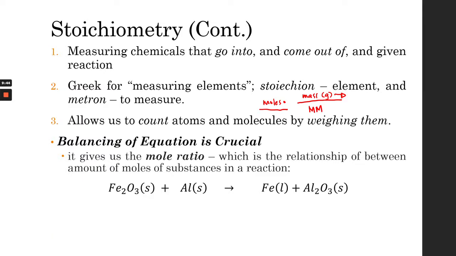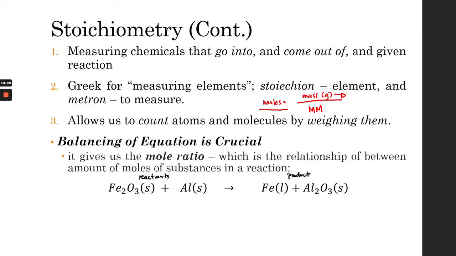So this is our chemical equation. We know that Fe2O3, when it reacts with aluminum, creates liquid iron plus Al2O3 solid. So you can think of these as your reactants, and after they react together, they create your products.